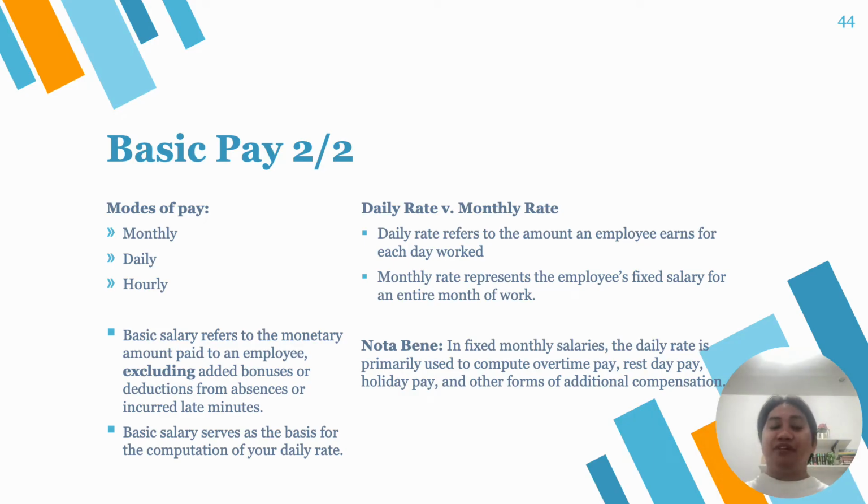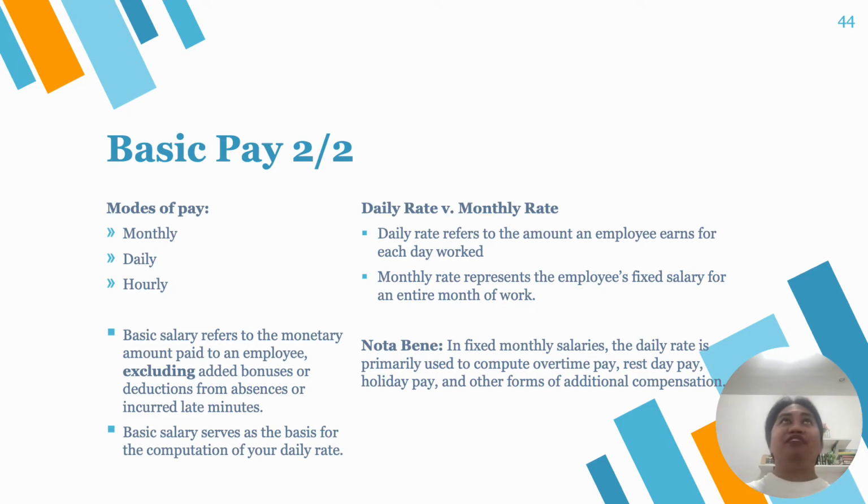The basic salary serves as the basis for the computation of the employee's daily rate. So when you compute for the daily rate and the hourly rate, you will stick with your basic salary. So why do we need to compute the daily rate and the hourly rate if you are paid monthly? It's because we have to measure the daily and the hourly rate on account of your absences and undertime.